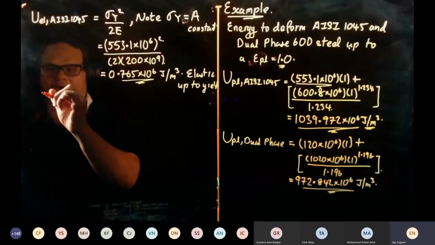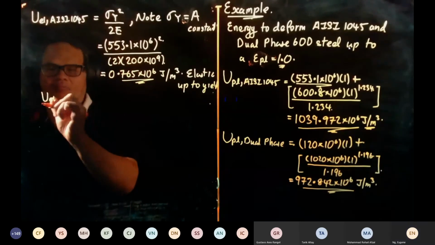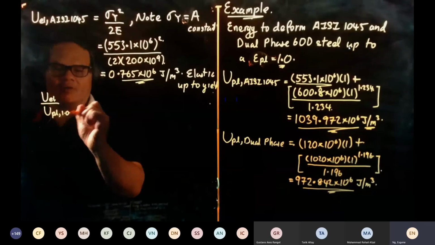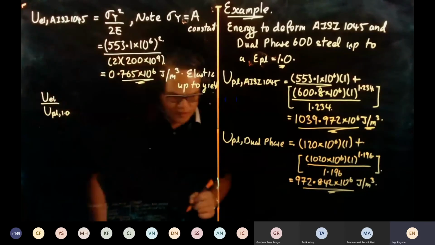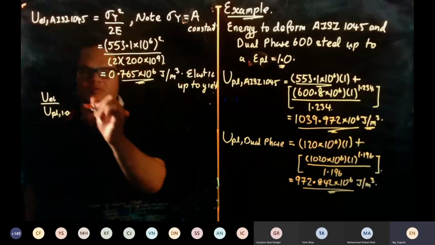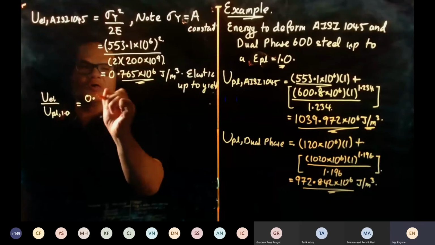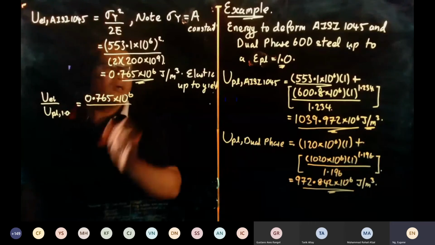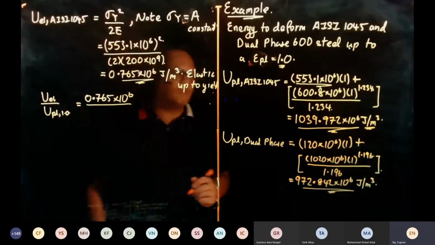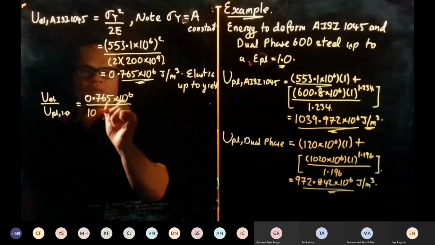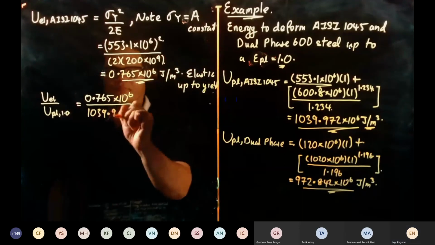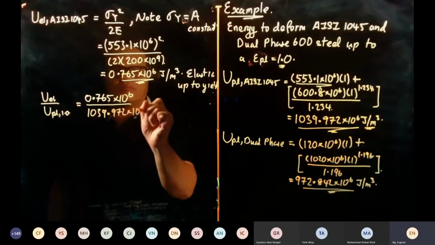So if you look at U elastic over U plastic up to a strain of 1.0, this will be equal to 0.765 times 10 to the power of 6, and then the whole thing divided by 1039.972 times 10 to the power of 6.